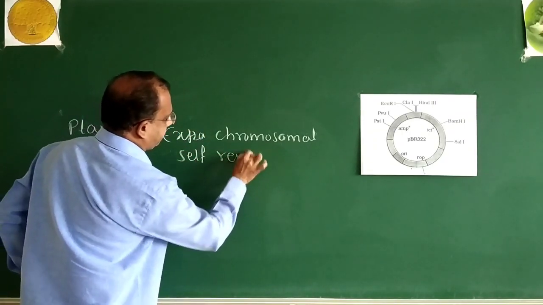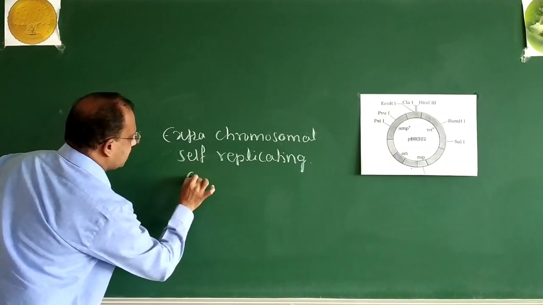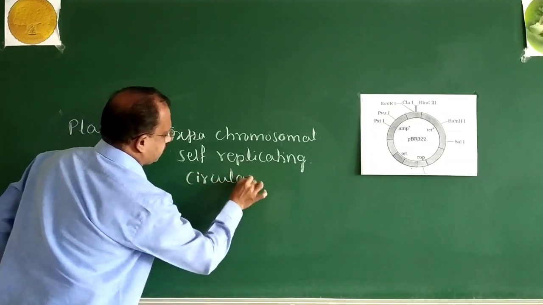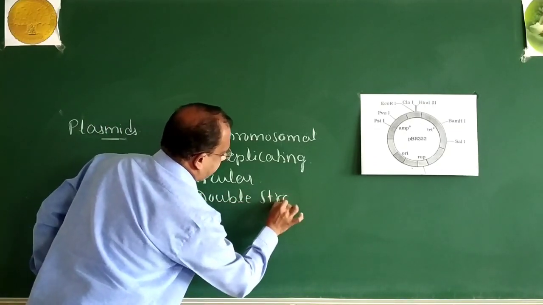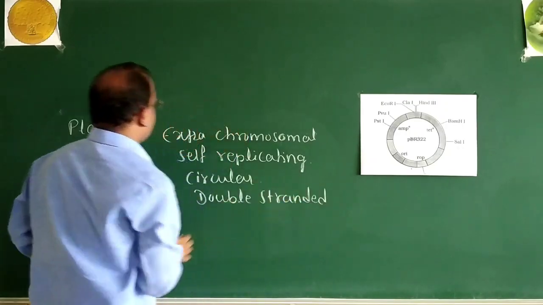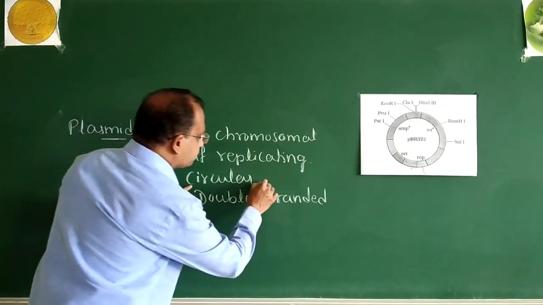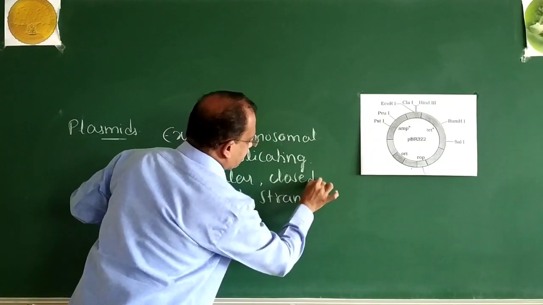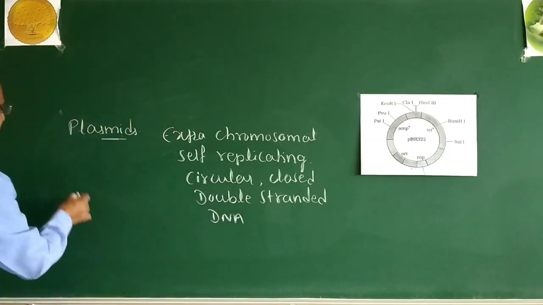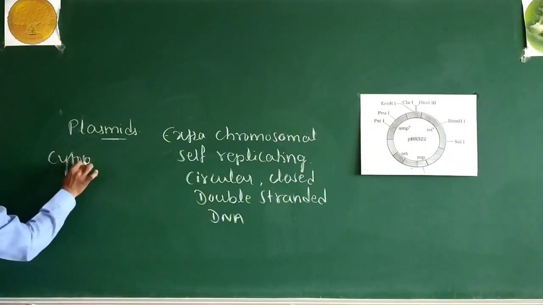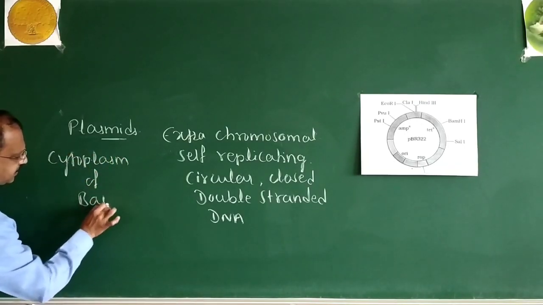self-replicating, circular, closed, double-stranded DNA found in the cytoplasm of the bacterial cell.